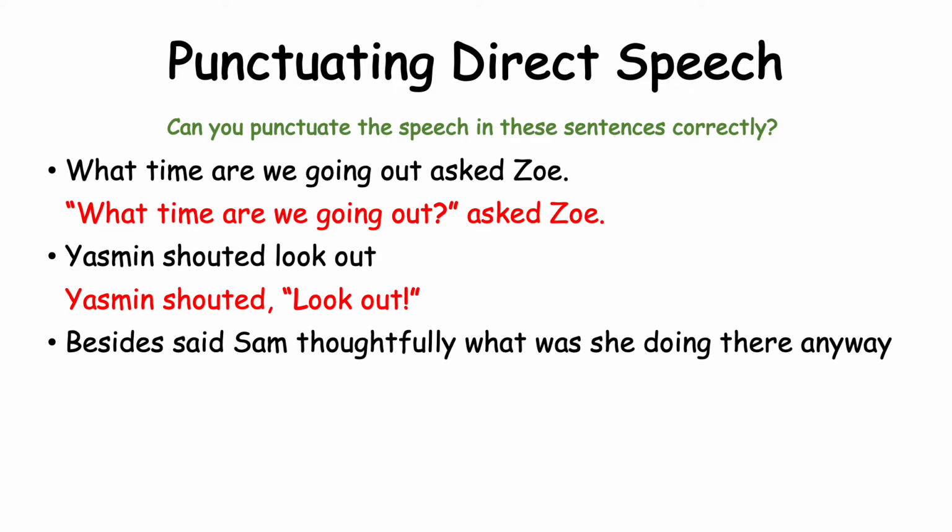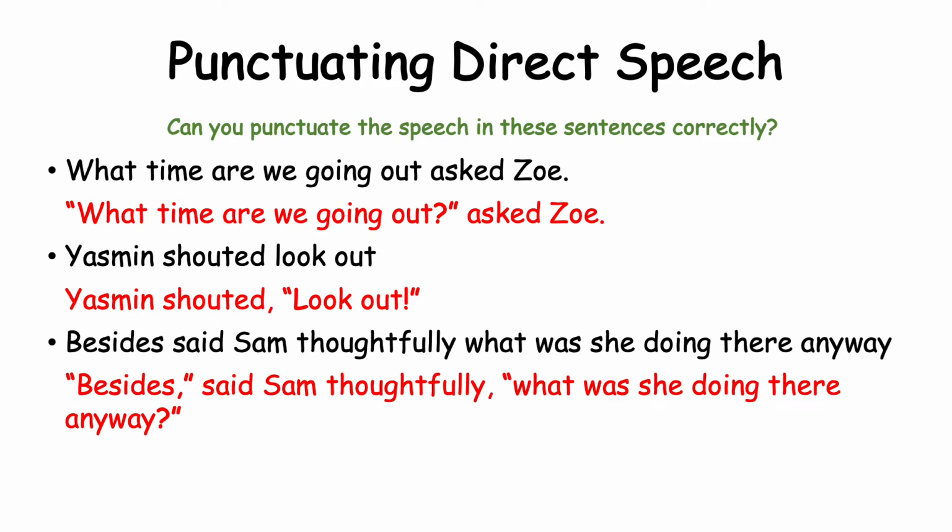I would have a comma after thoughtfully, and then I would open my inverted commas again, but I would not have a capital letter for what, because it is still part of the besides sentence. "What was she doing there anyway?" I would have a question mark and my closing inverted commas. Let's see if I'm right. I sure am.